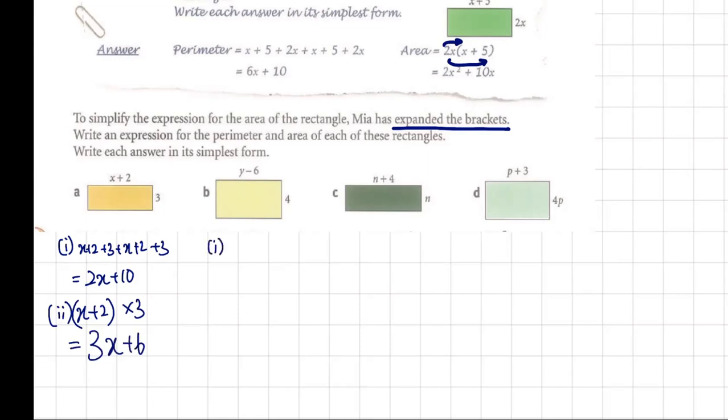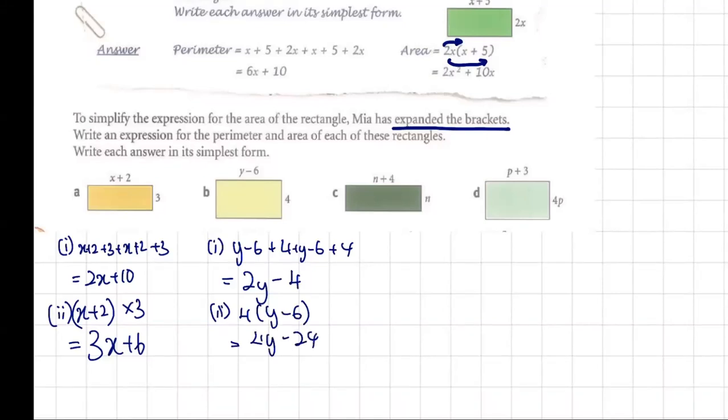Let's look at B. Same thing, y minus 6 plus 4 plus y minus 6 plus 4 is equal to 2y minus 12 plus 8 minus 4. That's the perimeter, and let's write the area. 4 multiplied by y minus 6, 4y minus 24. That's the area. Let's try question C.